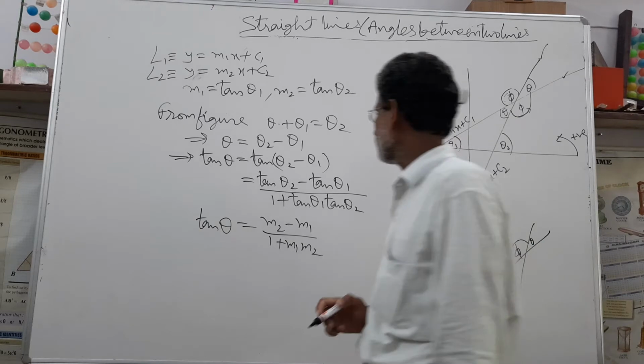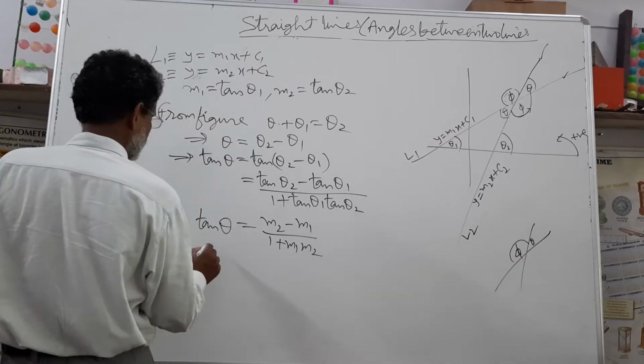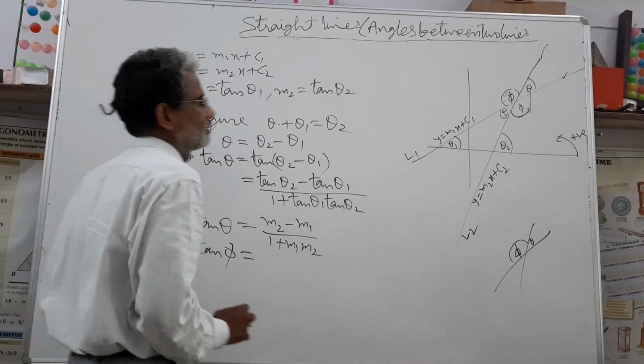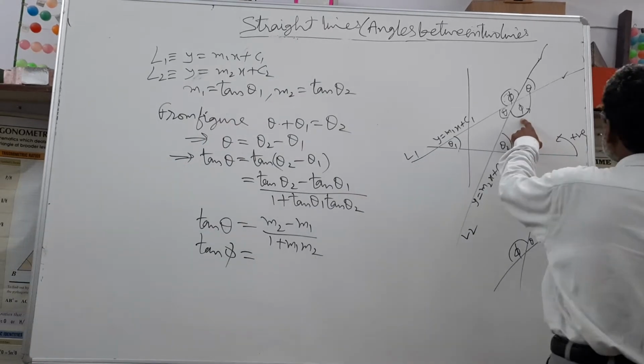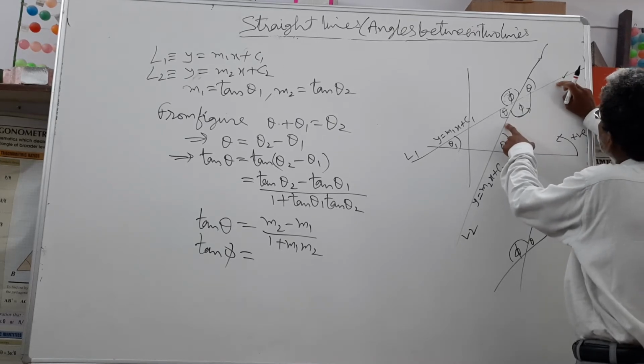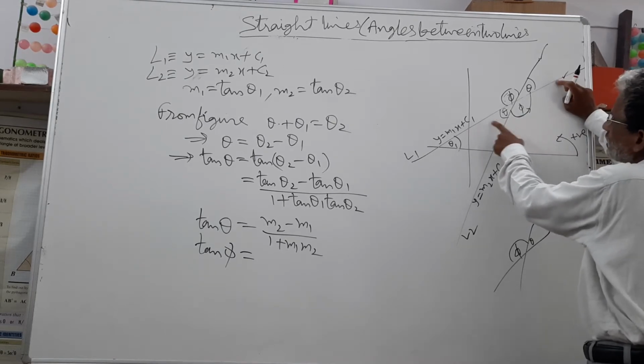So for the second angle phi, this will be the second line and this will be the first line, and the slope of this line is m1.